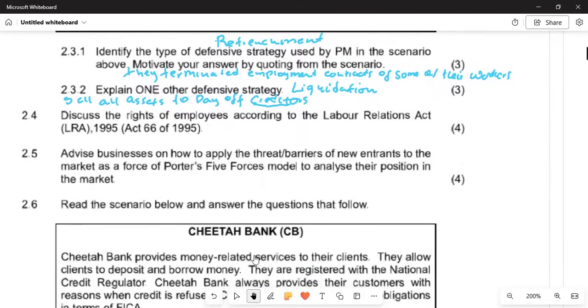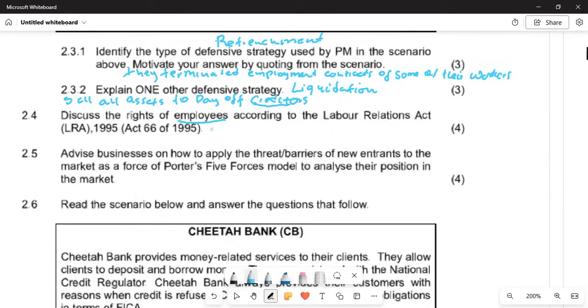Now we are asked to discuss the rights of employees according to the Labor Relations Act.